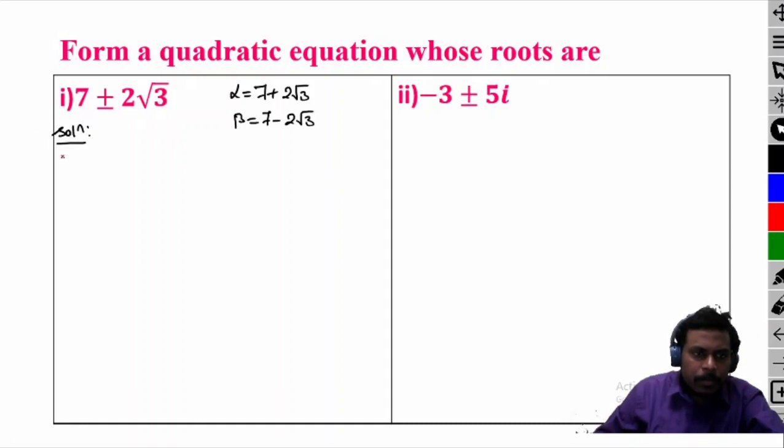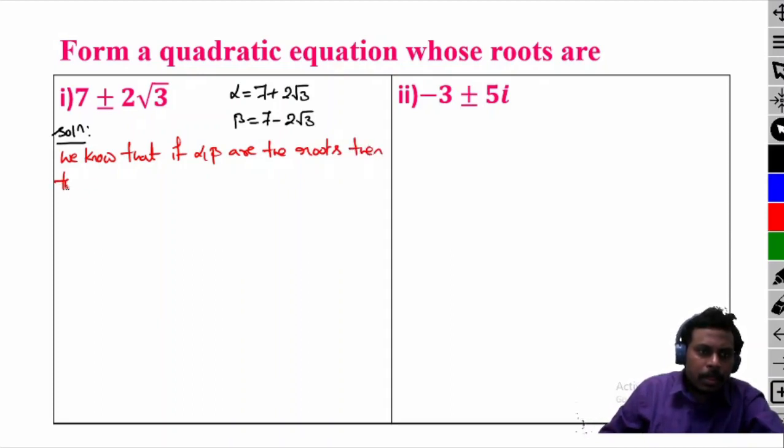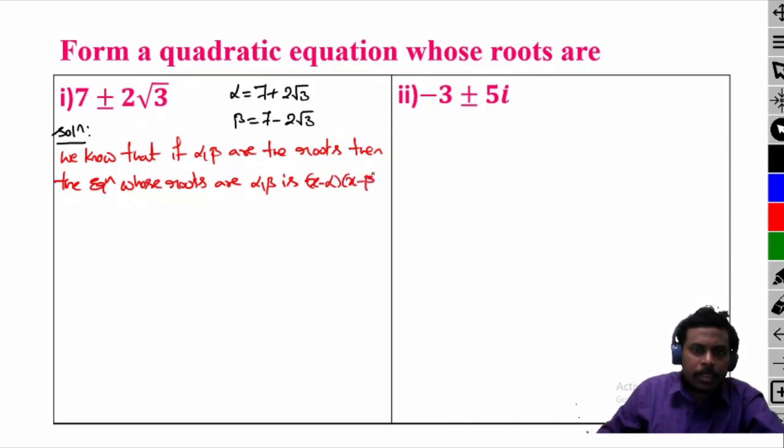Now, we know that if alpha comma beta are the roots, then the equation whose roots are alpha comma beta is x minus alpha into x minus beta.